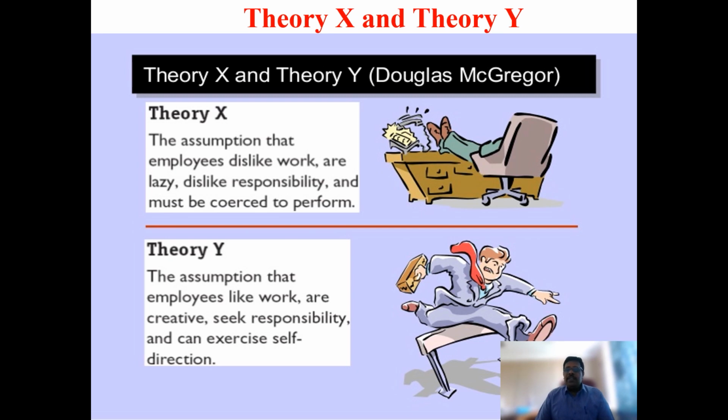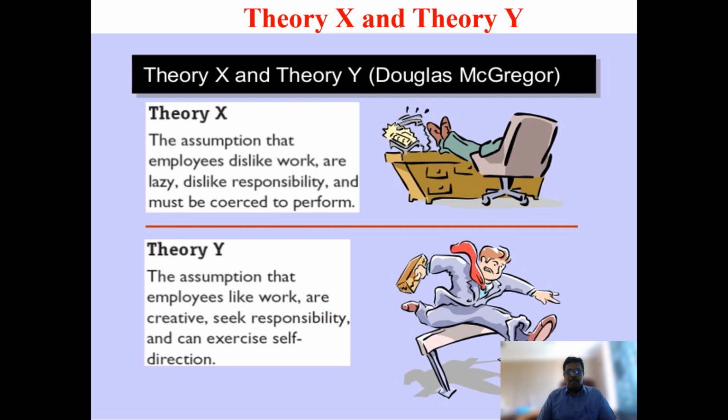Theory X and Theory Y are about human work motivation and management. Theory X is an authoritative approach to motivating employees, where the manager has a pessimistic opinion about their team members.